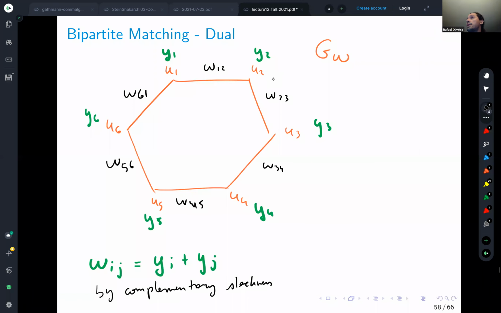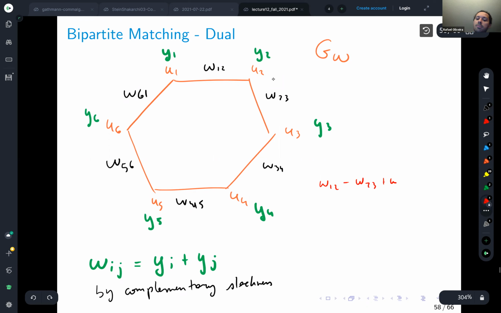Now, here's the thing. Once this happens, what can we say? Do the alternating sum. We get exactly W12 minus W23 plus W34 minus W45 plus W56 minus W61.